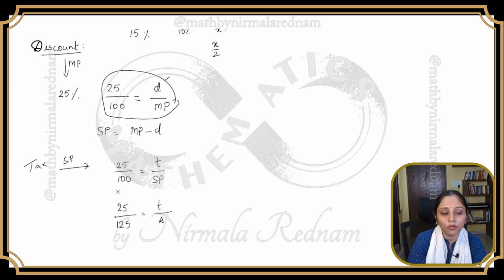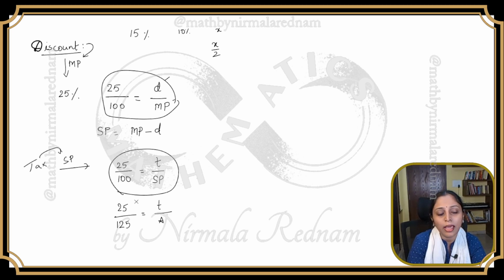So basically what you need to do is understand this ratio, what the tax or the discount is on, and then you write this equation. If you get it right, then the calculations that proceed are going to be very simple. And in order to get it right, you need to read the question carefully and understand what is being said.